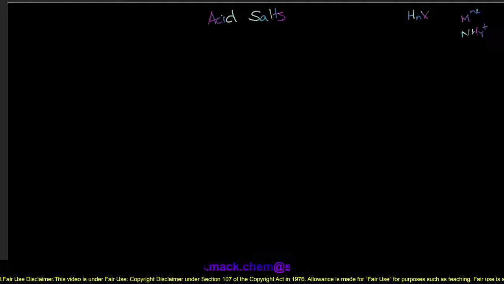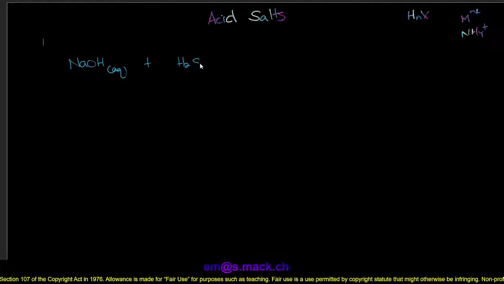I'm going to jump right in with an example, and we'll start with the dibasic acid, sulfuric acid. So we have an alkali, which is added to sulfuric acid.